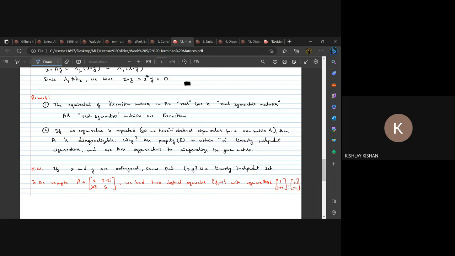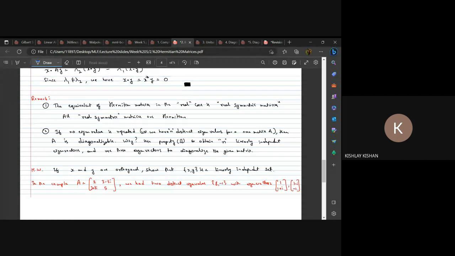If any two, yeah. But that does not guarantee that all the eigenvalues have to be distinct. I just asked: if the eigenvectors are orthogonal, for any Hermitian matrix or any complex matrix, is it guaranteed that the eigenvalues have to be different?